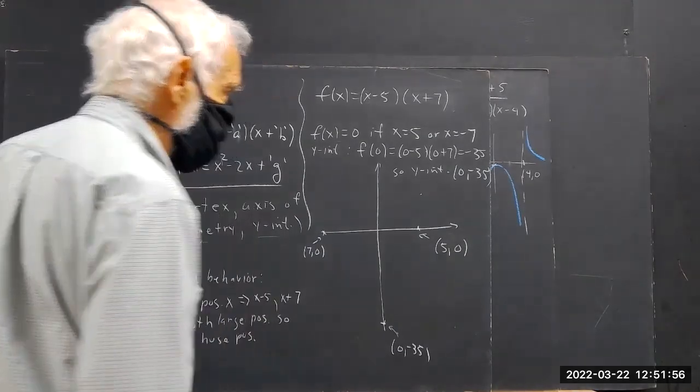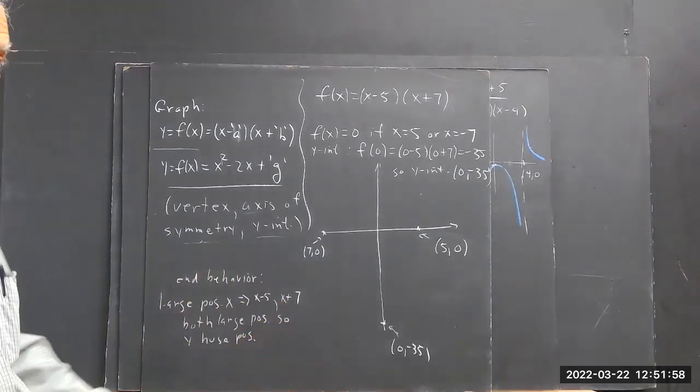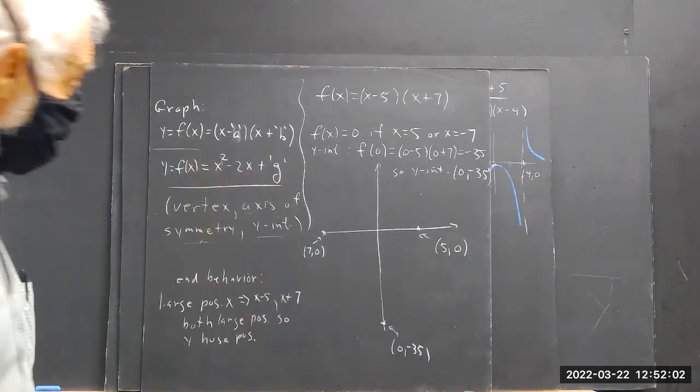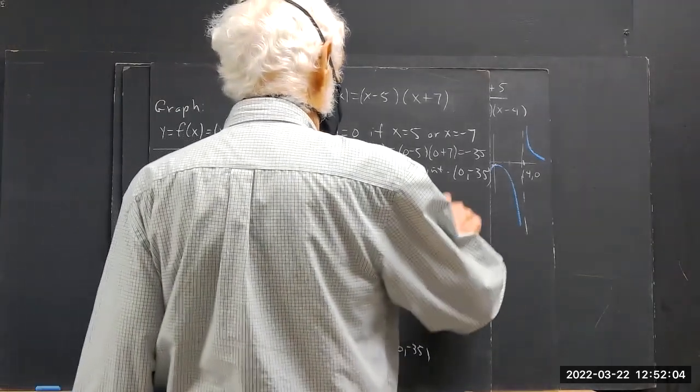It's going to be a very large positive number. The y is a huge positive number, so as x goes to infinity, y goes to infinity really fast, and that goes up like that.